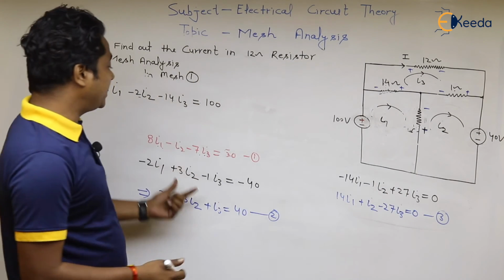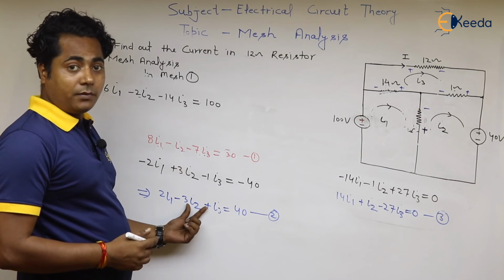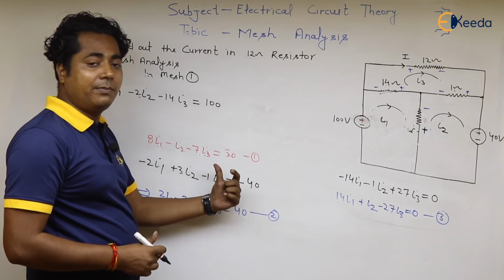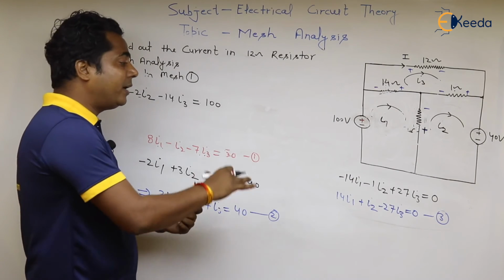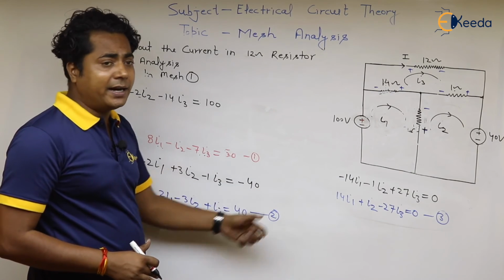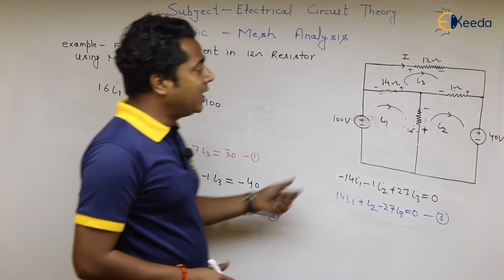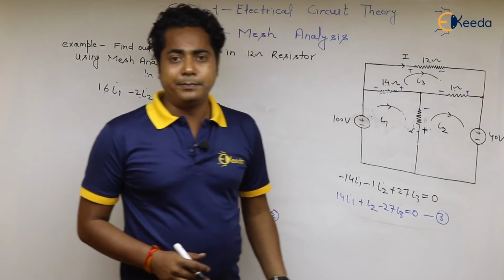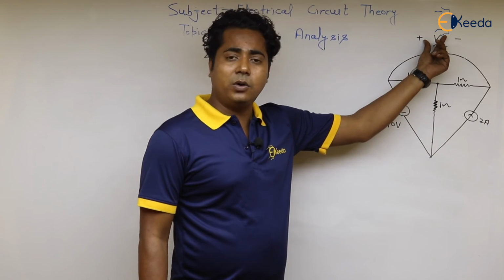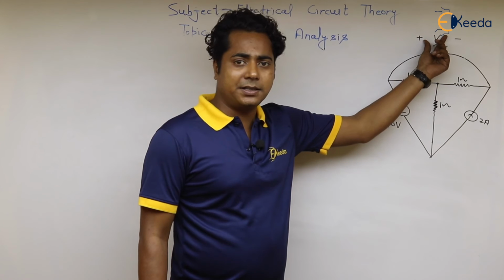So these three equations we got with the whole process, but here we can get these equations by the short trick method, and while solving equations number 1, 2 and 3, we can get the desired answer, that is I is equal to 5 ampere.